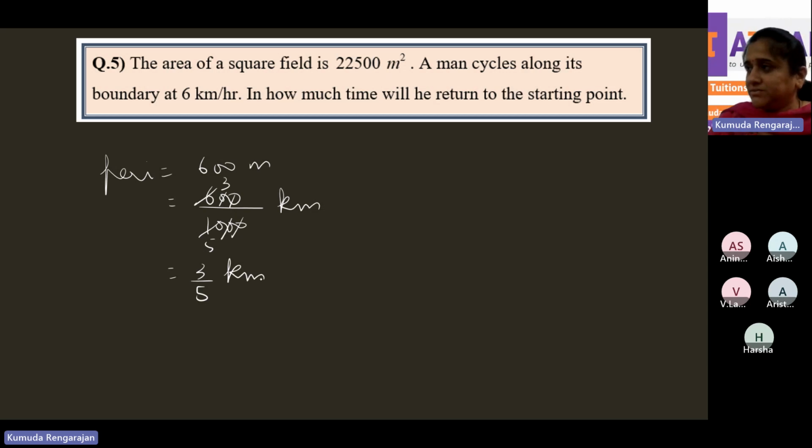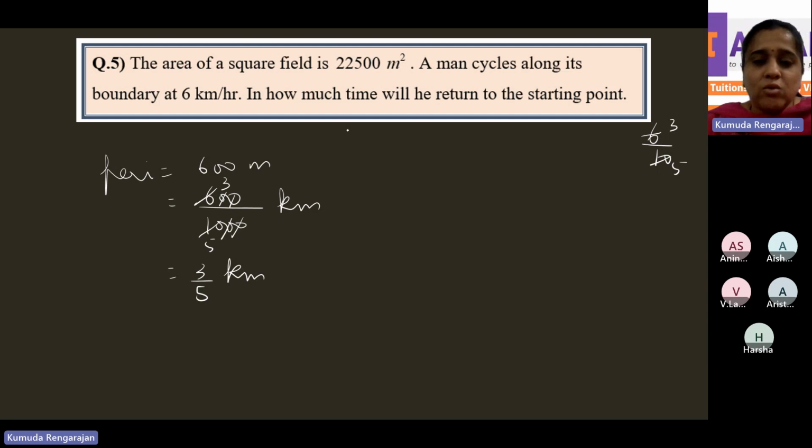There are many ways to work. I converted 6 by 10 to a decimal, 0.6. If you simplify further, you will have 3 by 5 kilometers. Leave it like that.